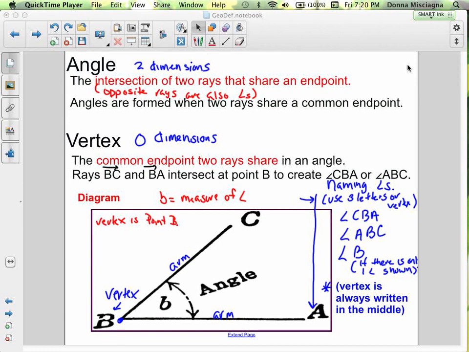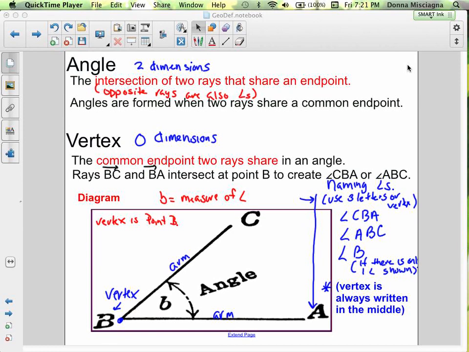Vertex. We're going to use one diagram for the two terms, angle and vertex, because they go together. Right? So we'll talk about the definitions and then the diagram and the naming. So you could just use both boxes for the diagram and both boxes for the naming. Vertex has 0 dimensions.